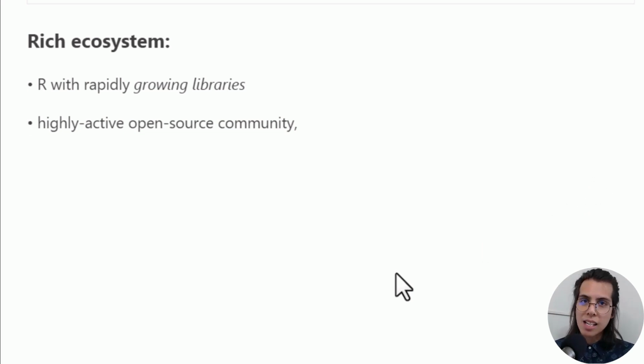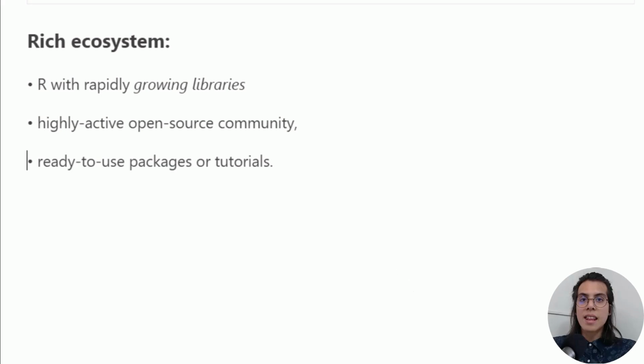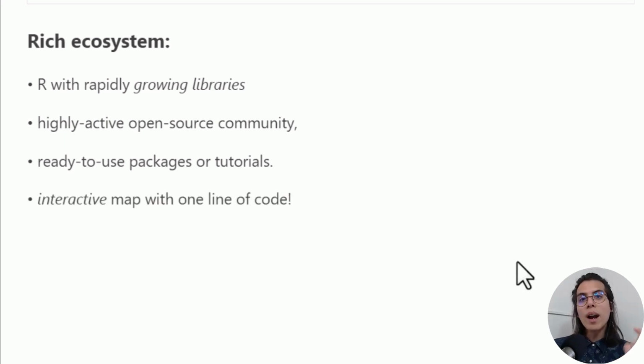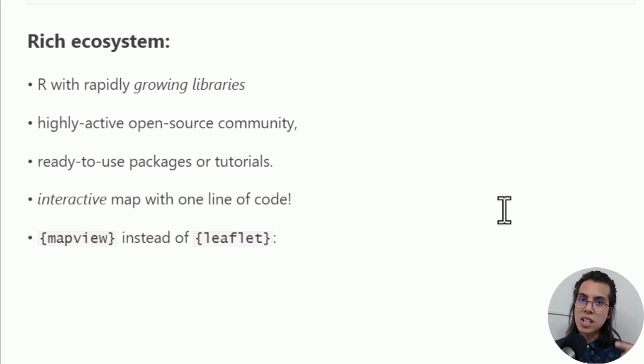Everyone can build packages to reduce certain tasks, and they include ready-to-use functions or tutorials to use those functions in our work. For example, we can build the same interactive map as above with only one line of code. This is achieved by replacing the leaflet package with mapview.